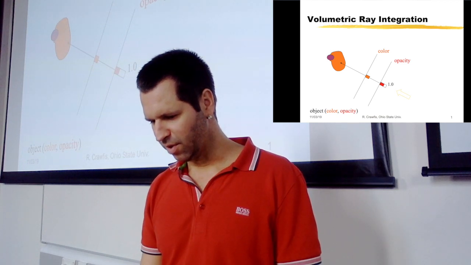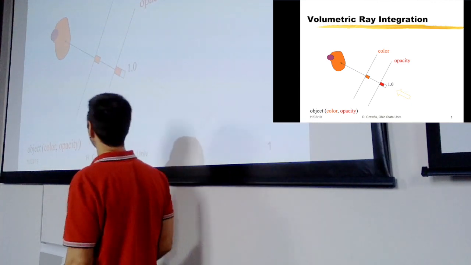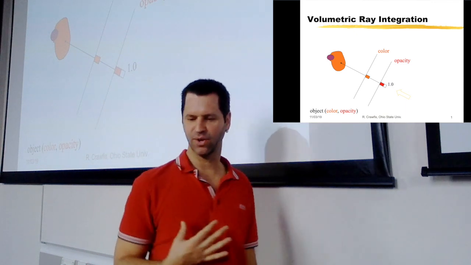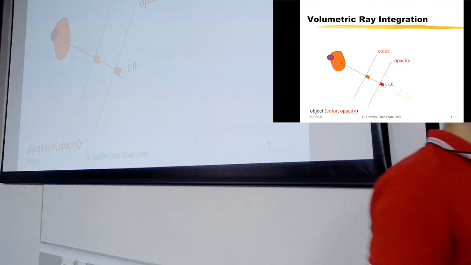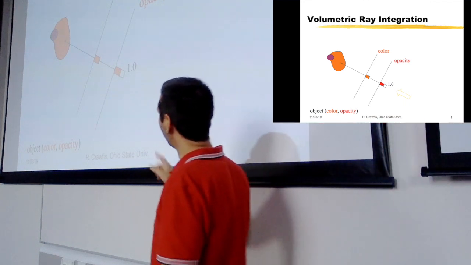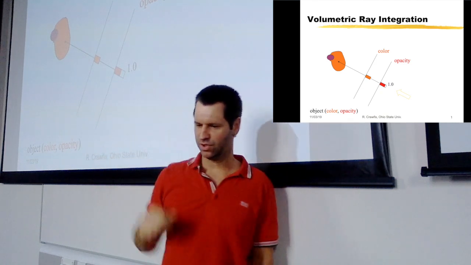We step into the volume further, right? That's still an area that has something that's not just air. So we sample the color again, and we sample the opacity again, and the opacity has increased. Hopefully everybody saw that.